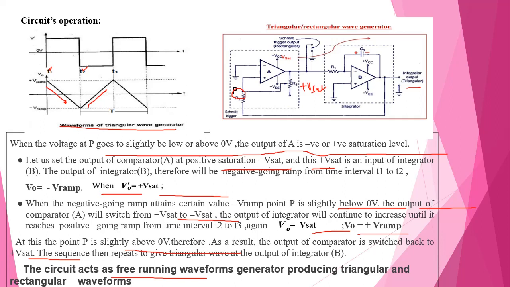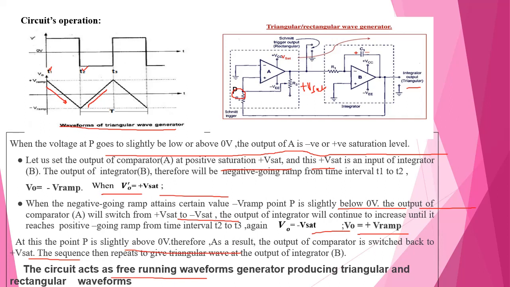This is an important line about this comparator: when the voltage at point P is just below or above 0 volt, the output of the comparator may change to positive or negative saturation.